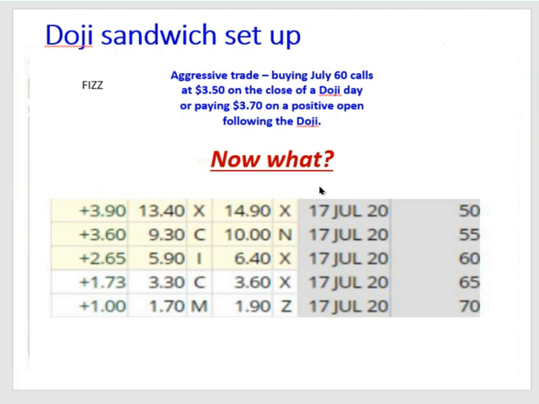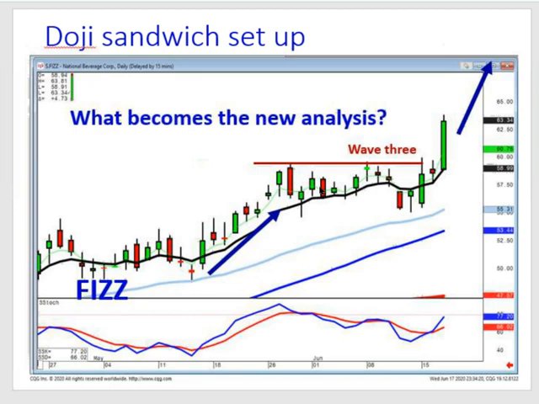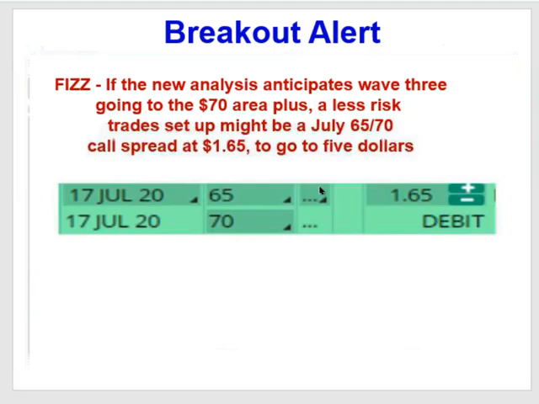Now, if we know that this is our expectation, more upside, we can enhance our trade by maybe buying the 65/70s for $1.65.